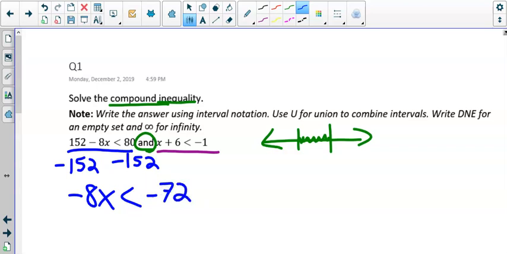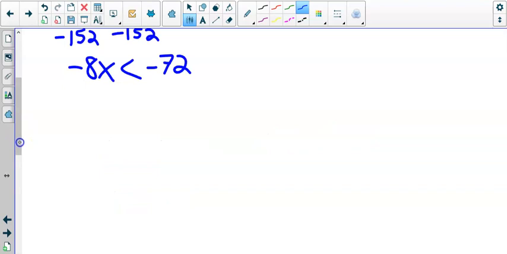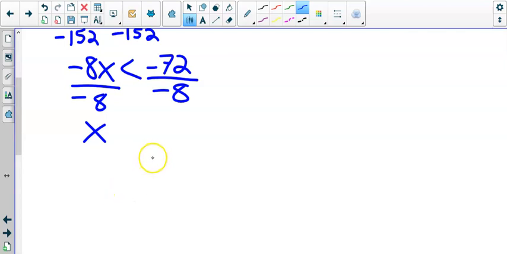So negative 72. All right. Now what do we do? Divide by what? The negative 8. Perfect. Divide by negative 8. So x, what happens with negative 72 divided by negative 8? Goes to a positive what?